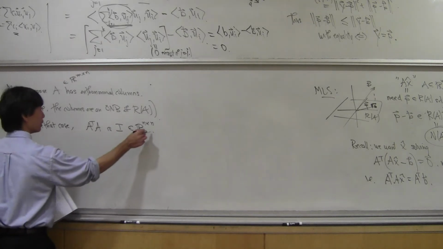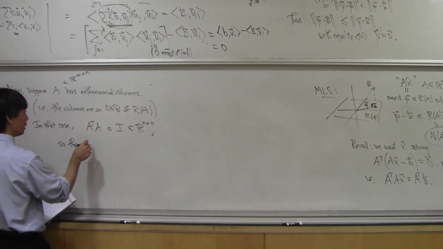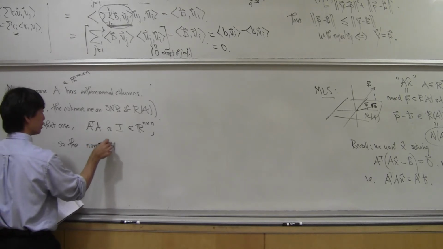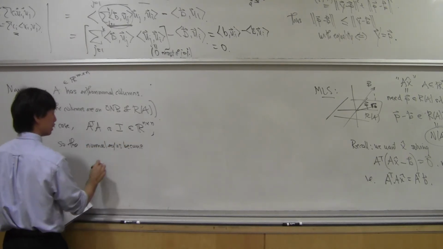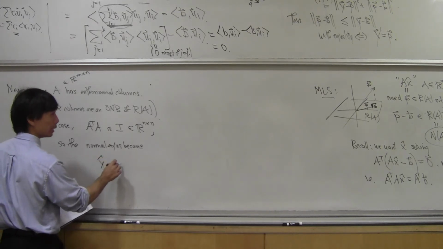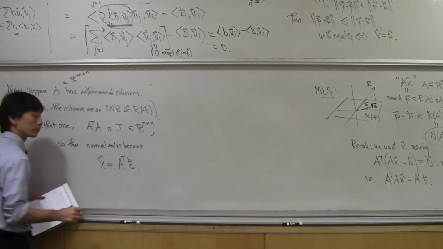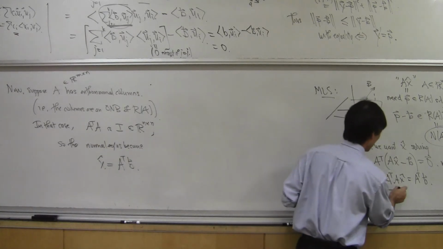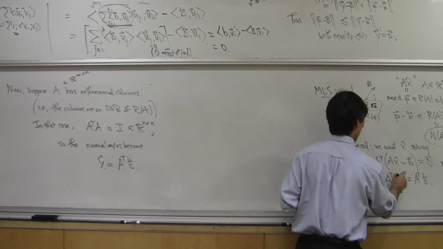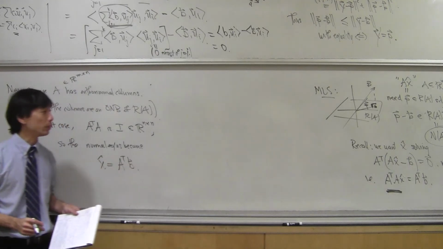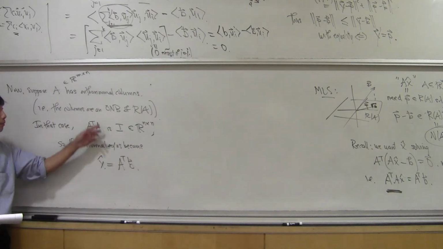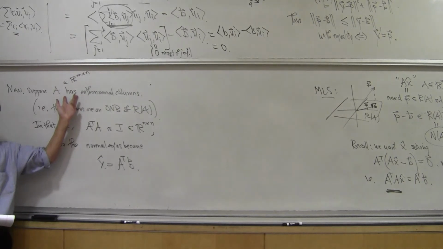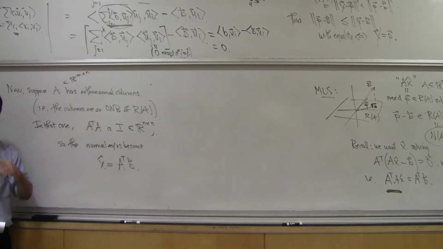So the normal equations become this: X hat equals A transpose B. Because the normal equations, remember, are A transpose A X hat equals A transpose B. But A transpose A, if it's got orthonormal columns, is going to be the identity.